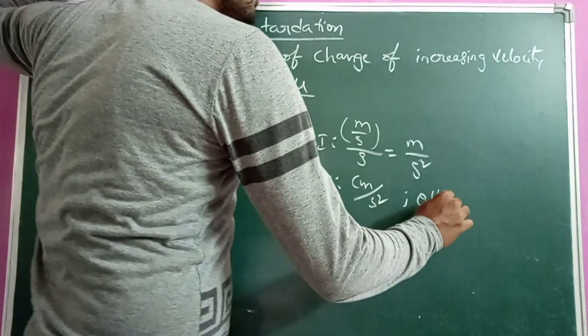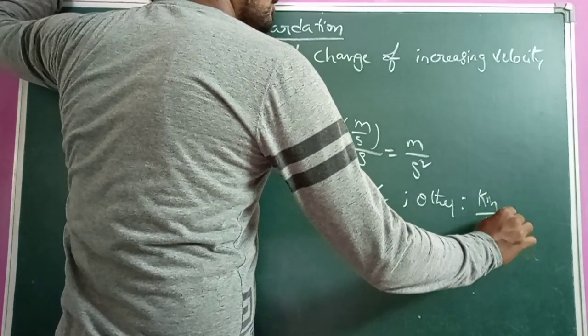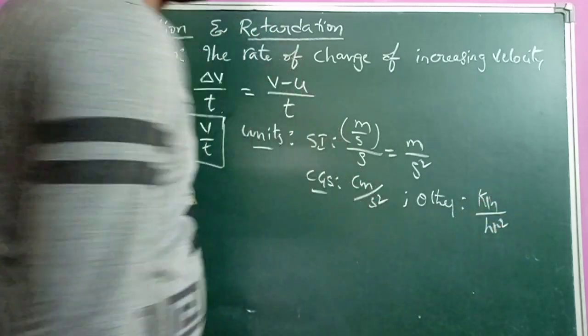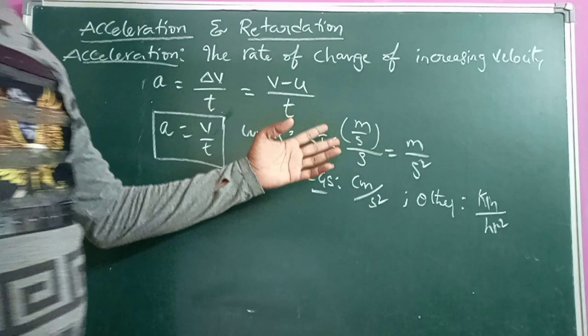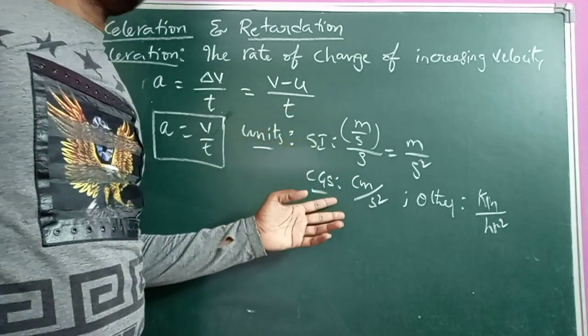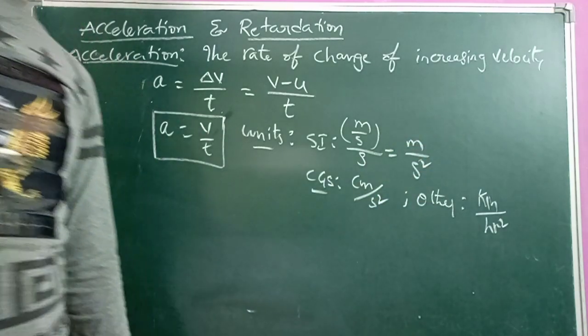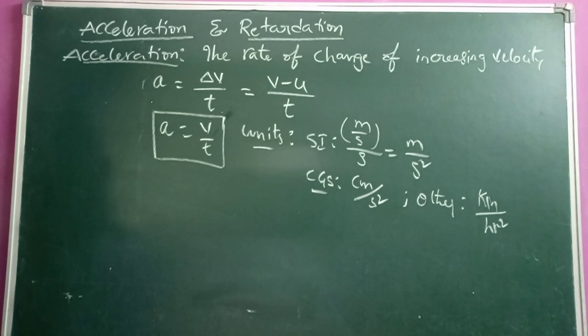Not only this, we have another unit, kilometer per hour square. Children, we particularly use the SI unit meter per second square and the CGS unit centimeter per second square, but the other unit we will use rarely, depending upon the data given in the problems.